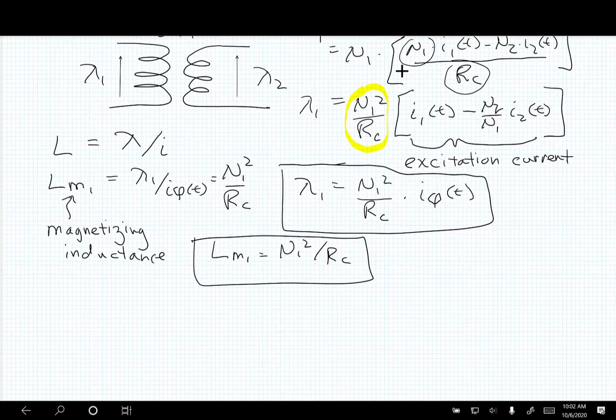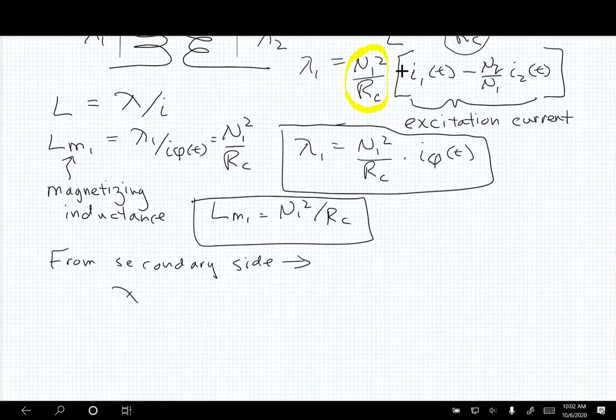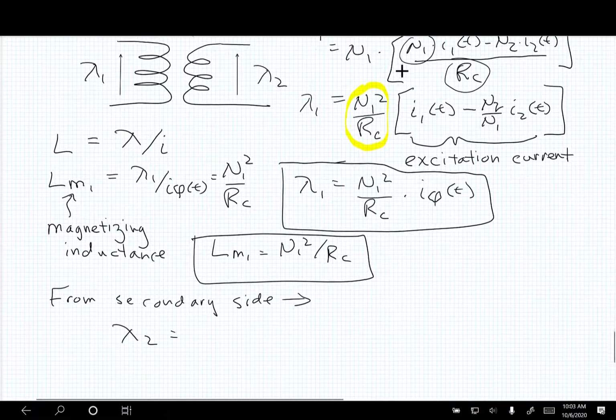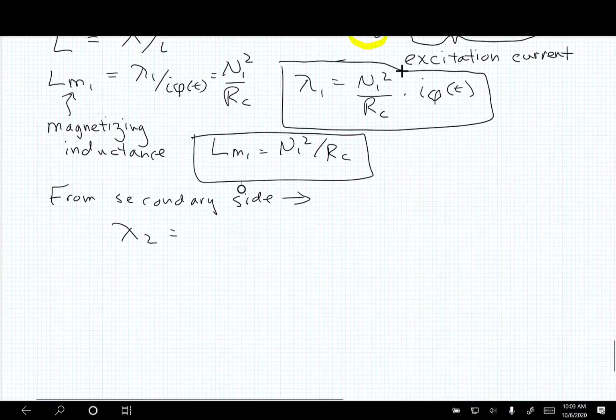Now let's look from the secondary side. Lambda 2, starting up at the beginning here, would be the secondary turns times the flux in the core.